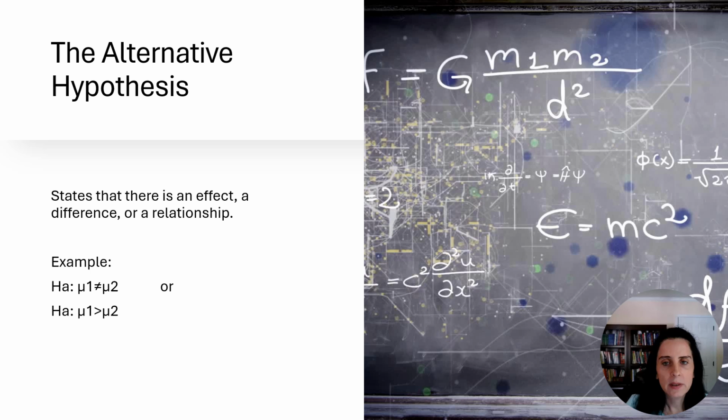For instance, continuing with the same research scenario, the alternative hypothesis might be the new teaching method improves student test scores, which can be formally written as mu1 is different than mu2, or mu1 is larger than mu2, where mu1 is the mean test score with the new teaching method and mu2 is the mean score with the traditional teaching method.